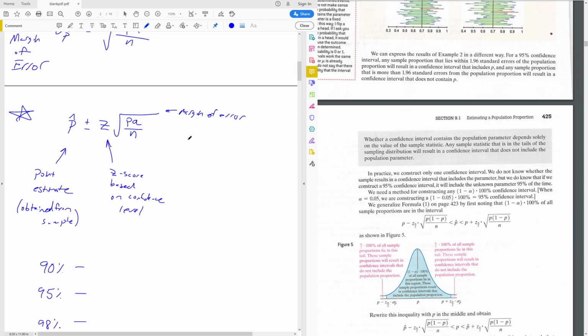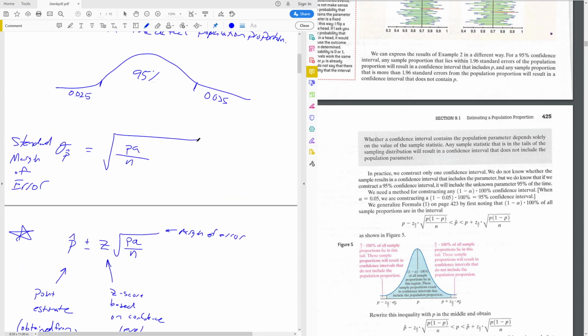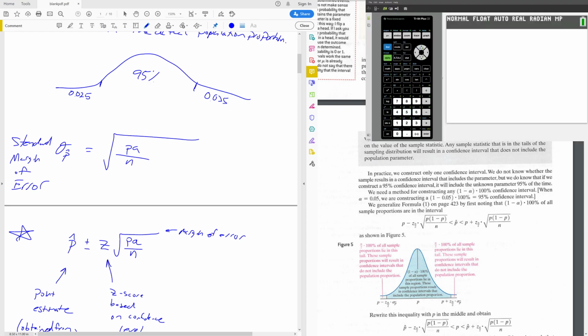And remember, the idea here is this curve, right? So if I wanted to know what is this z-score right here, what corresponds to this value? What corresponds to this value? Well, I'm going to go to my calculator, and I'm going to go to my distributions.